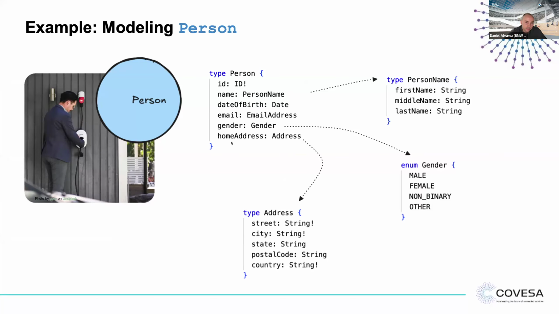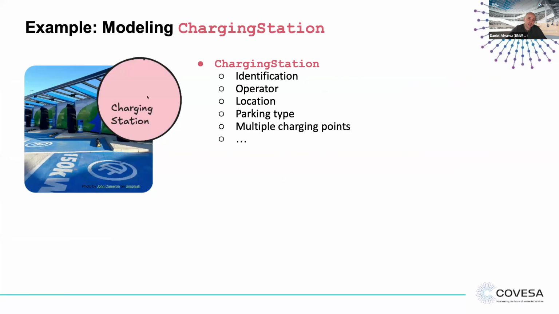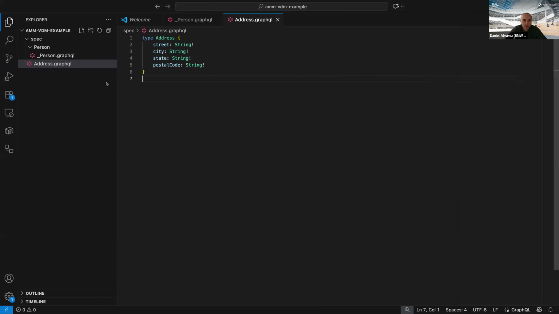This is the person. Then we have another element, which is the charging station. For the charging station, we need to, for example, provide whether this is a parking lot or a garage, does it have one or multiple charging points? Maybe there is an operator that is driving this, and it also has an identifier at the location, just to mention a few concepts that might appear here.